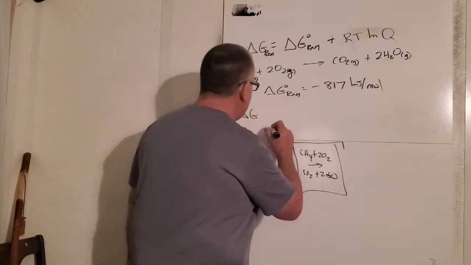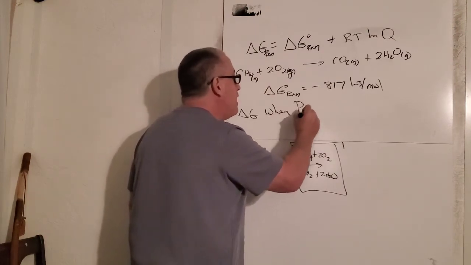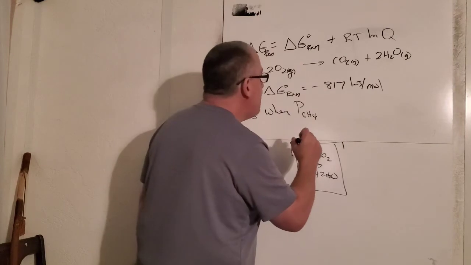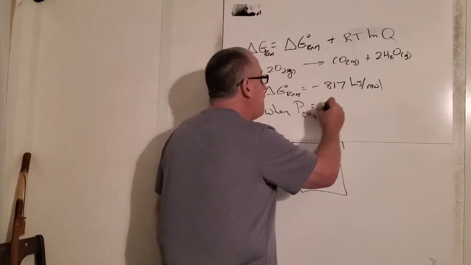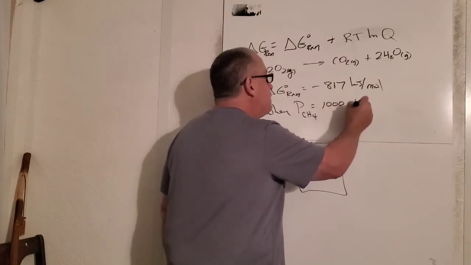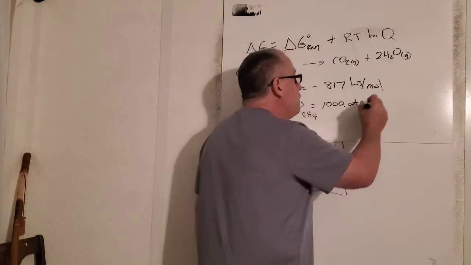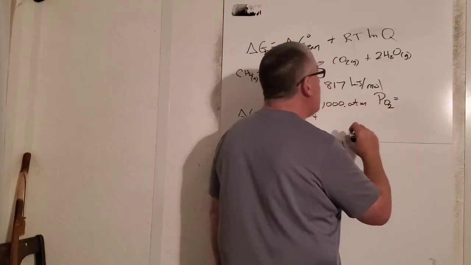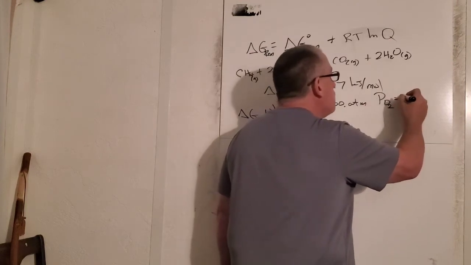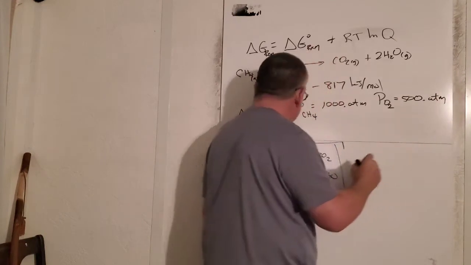What if I want to calculate the Gibbs free energy when the partial pressure of the methane is, let's say, 1,000 atmospheres. Let's make that 4 sig figs. The partial pressure of the O2 is, let's say, 500 atmospheres.